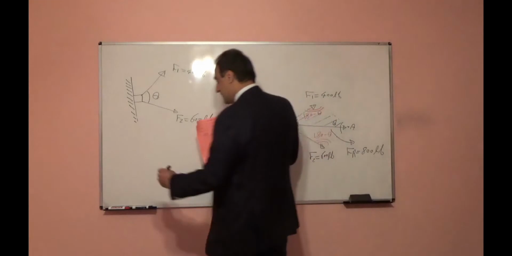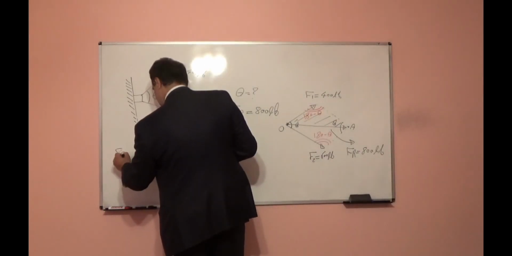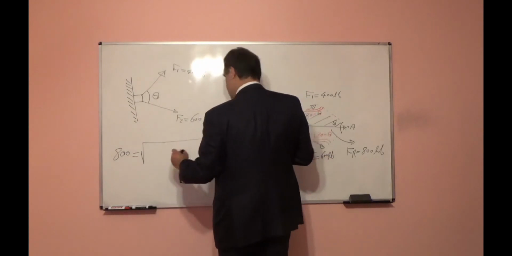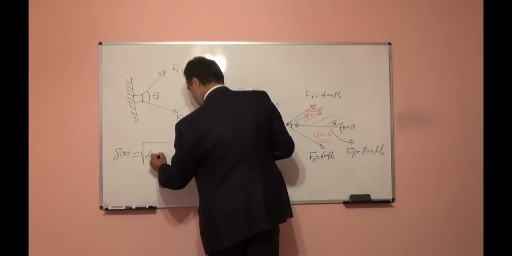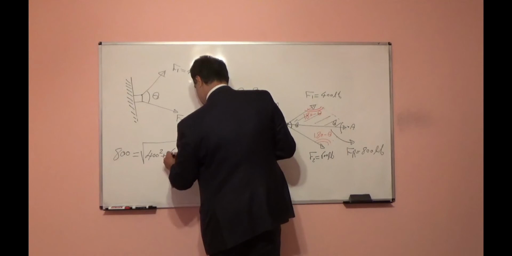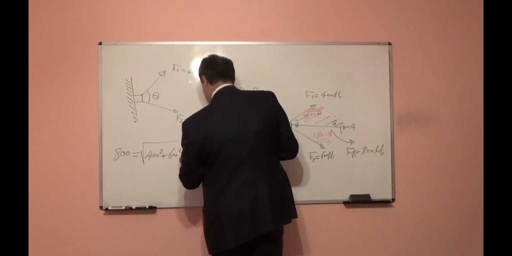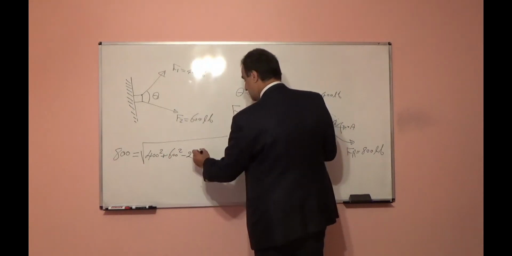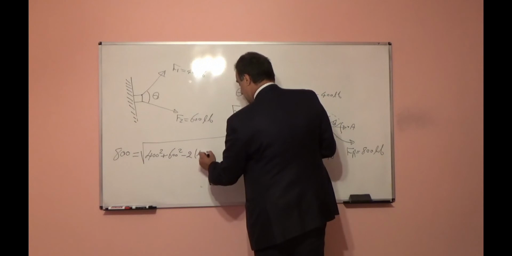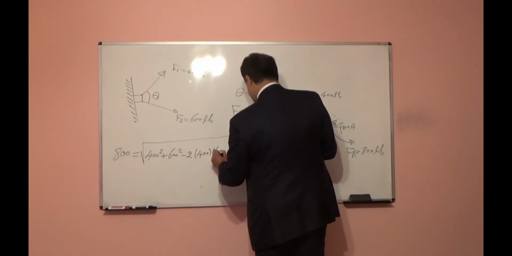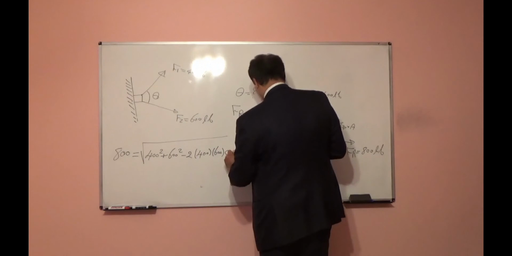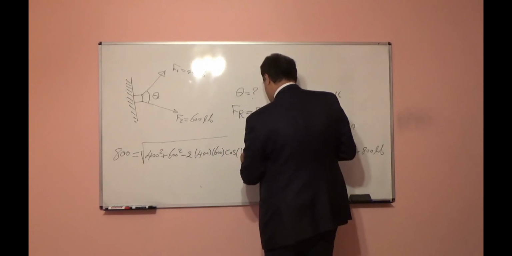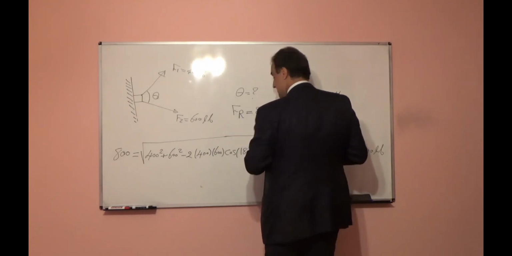So I can write from the law of cosines, 800 is equal to the square root of 400 squared plus 600 squared minus 2 times 400 times 600 times cosine of 180 minus theta.